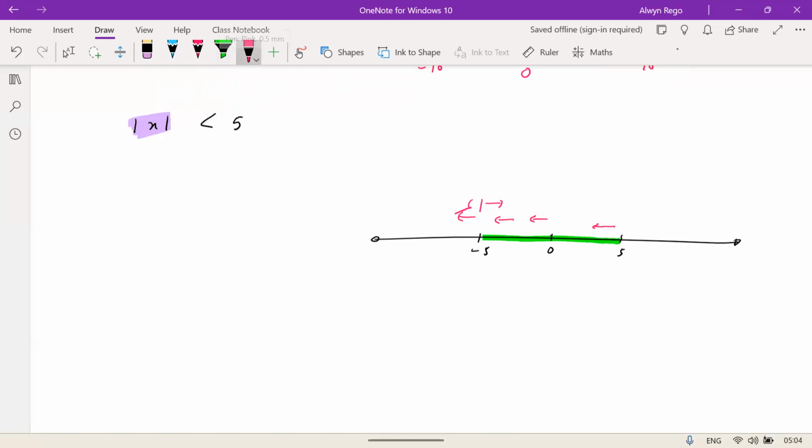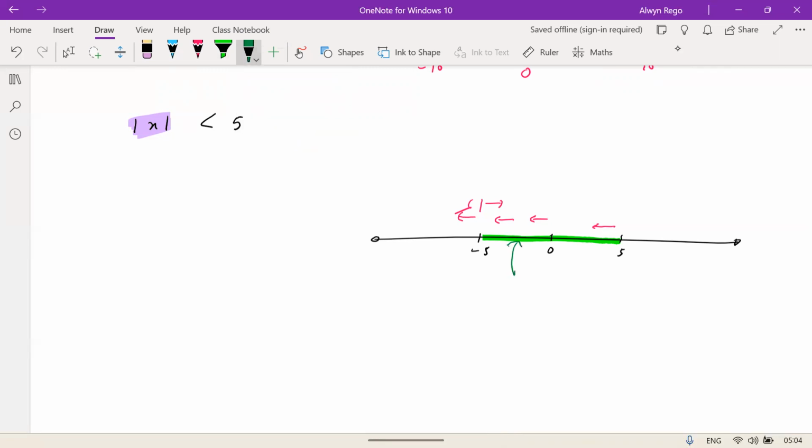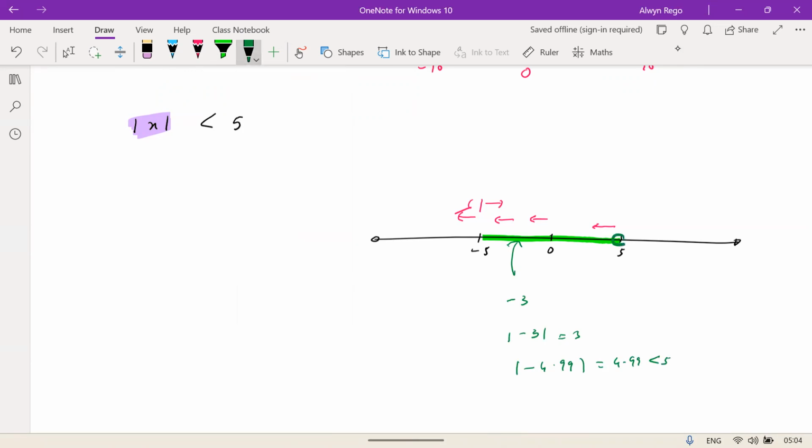Supposing you pick a number, let's say x is equal to -3, the absolute value of -3 becomes equal to 3. The absolute value of -4.99 becomes equal to 4.99, which is less than 5. So as long as you don't cross 5 and -5, you'll find that the absolute value is less than 5.